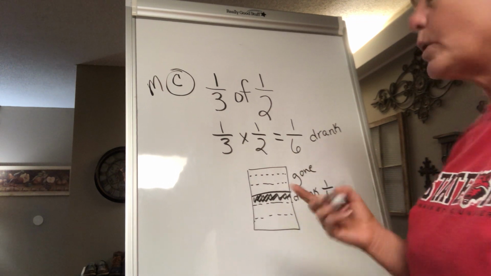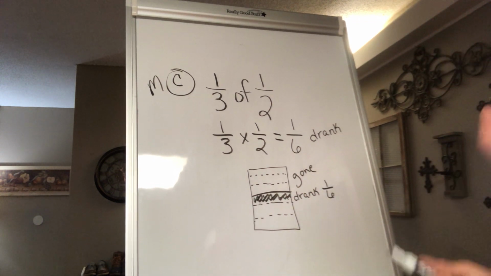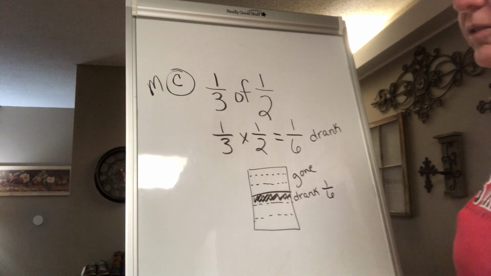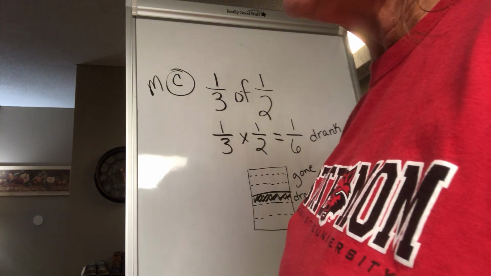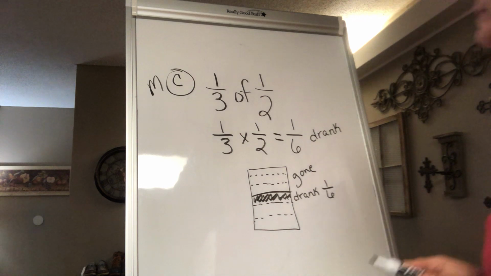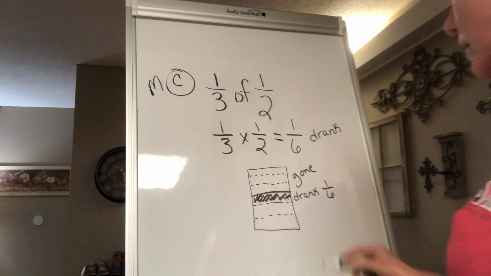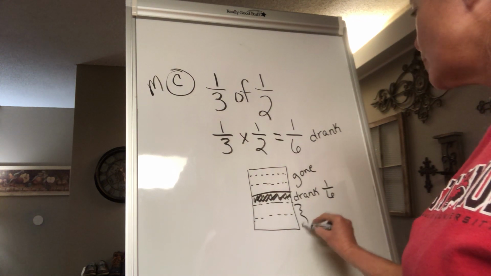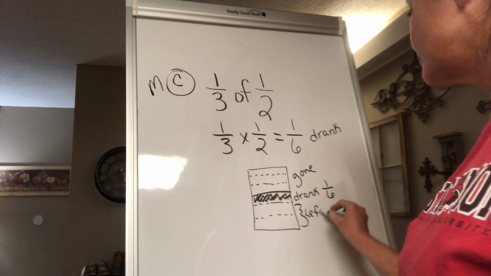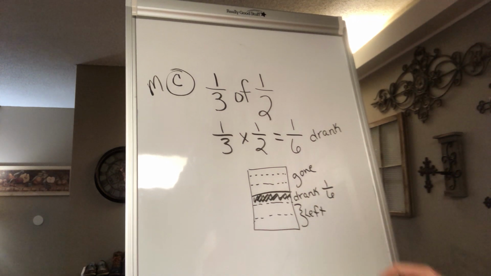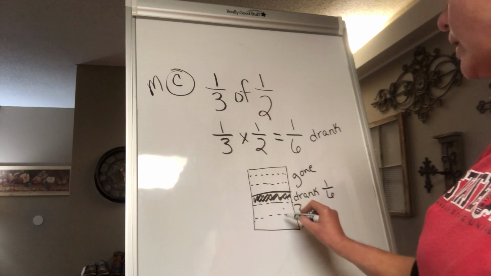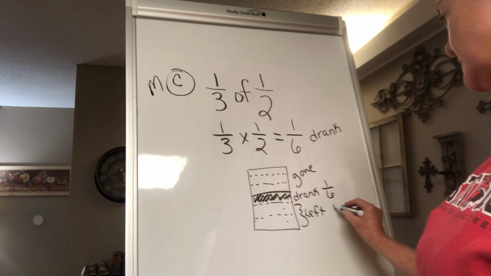Okay, so we got that part right. But it didn't ask that, did it? Got to be careful. The question asked, how many liters of water does he have left in the bottle? So this is what he has left in the bottle. And that amount would be 1/2.